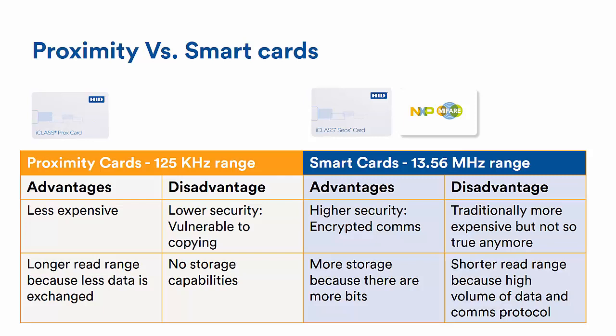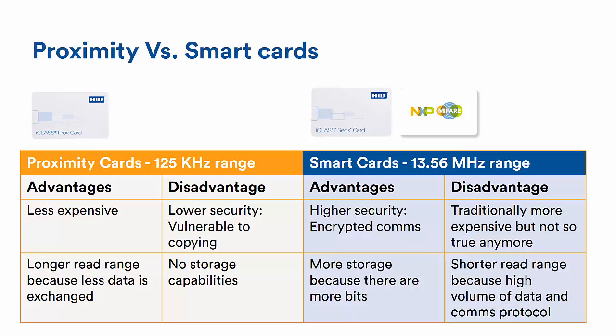Traditionally, smart cards were more expensive, but for the most part, the prices have come down to about the same price range as 125 kilohertz prox cards. Another disadvantage of the smart card is the shorter read range because of the higher volume of data being exchanged and the frequency range.